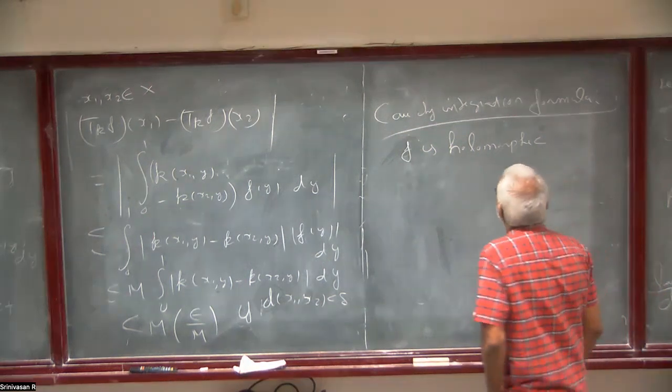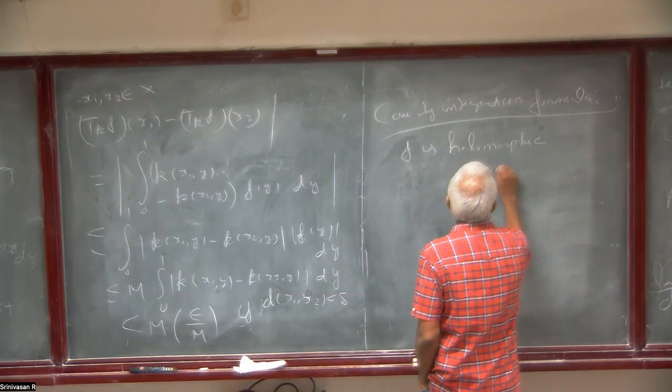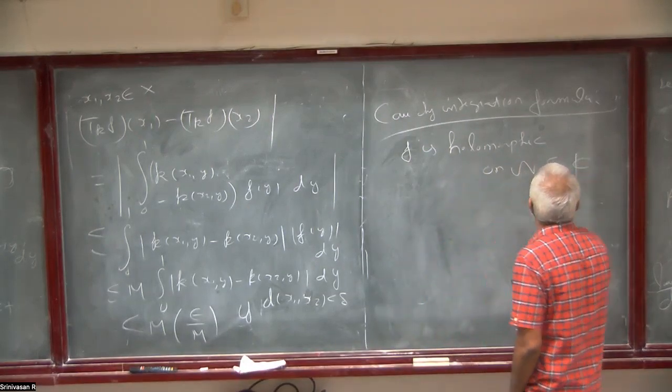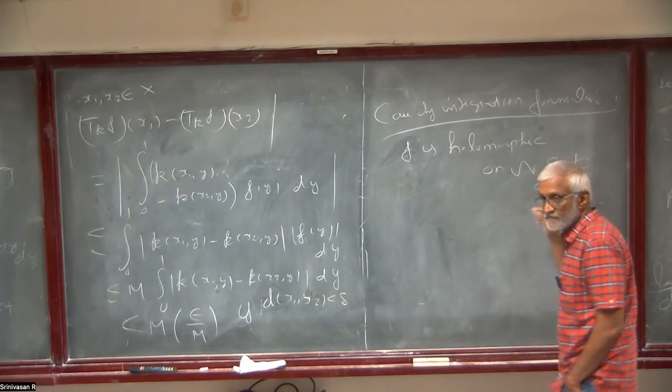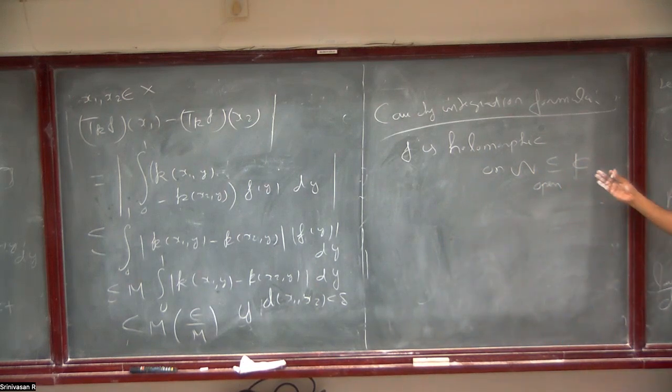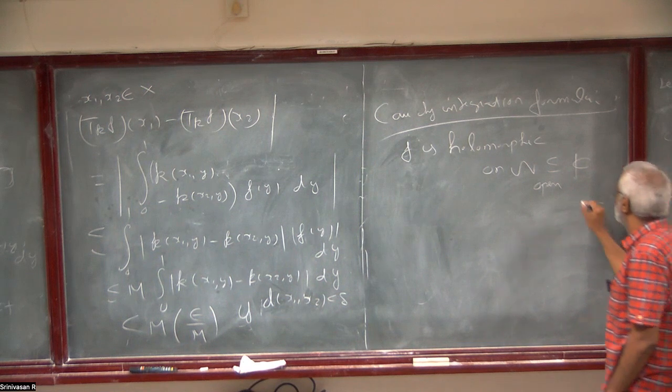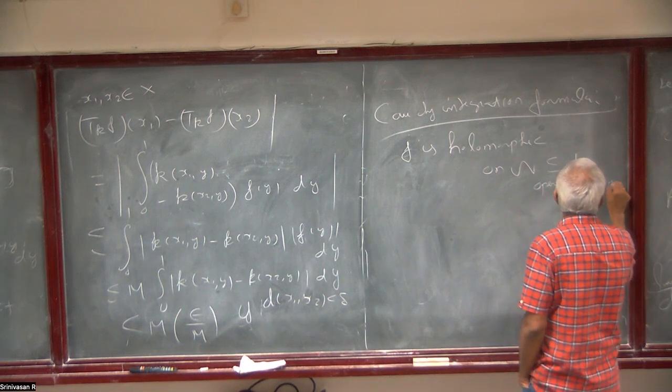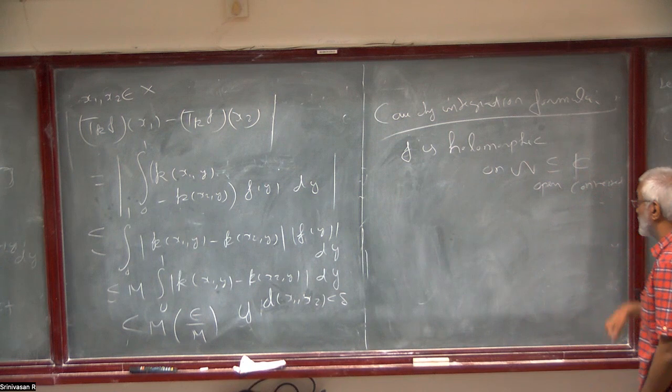So it is because of that. Holomorphic on some omega contained in C. This is open, and connected, so that it is path connected.